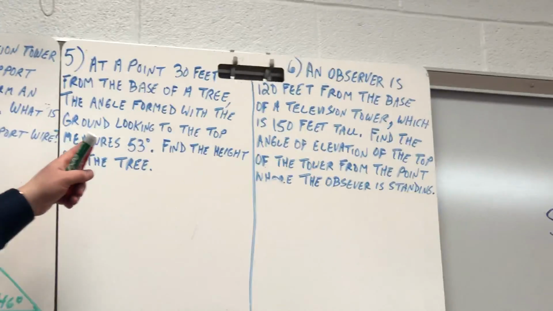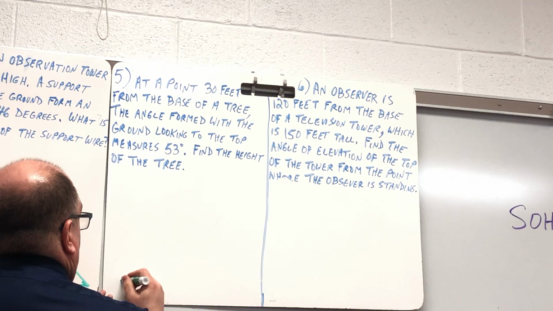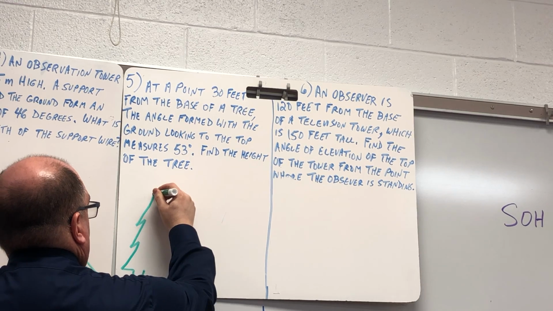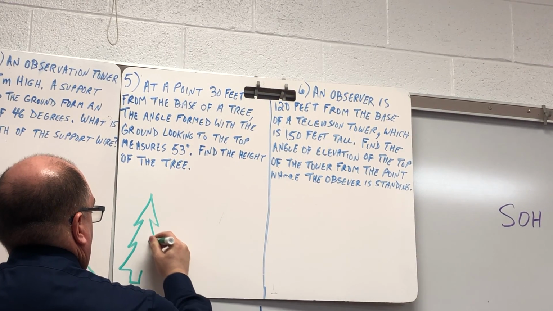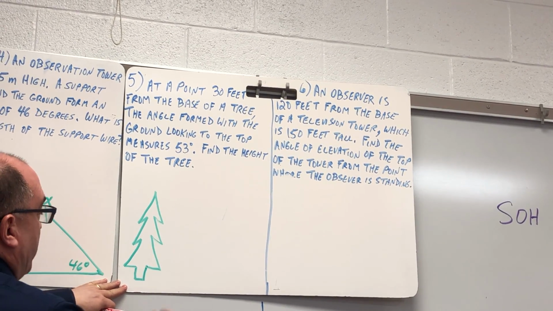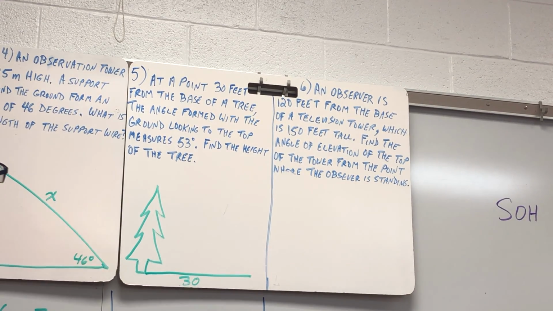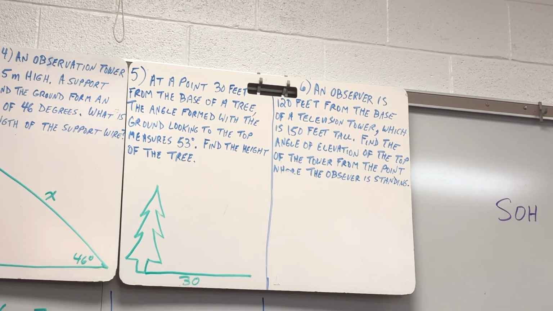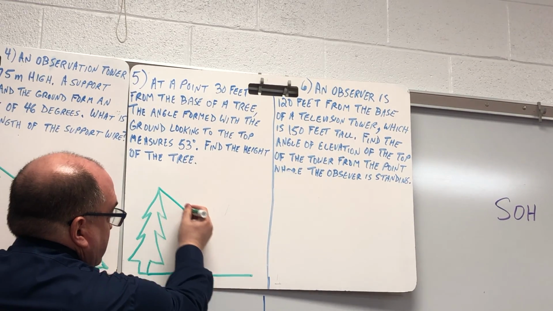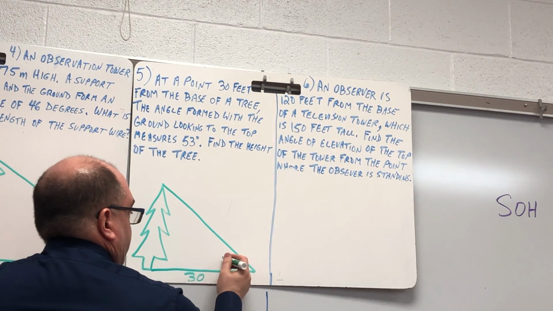Next one. At a point 30 feet from the base of a tree. There's my tree. 30 feet from the base of the tree. Here's 30 feet. The angle formed with the ground looking to the top measures 53 degrees, right? Here's 53.